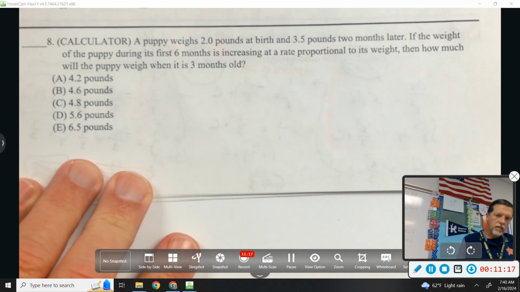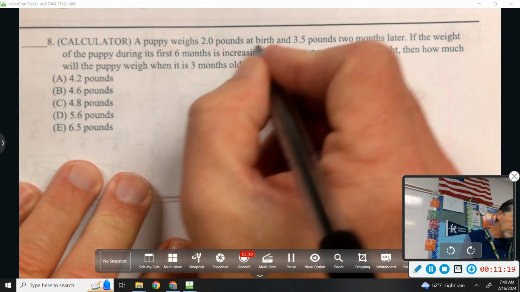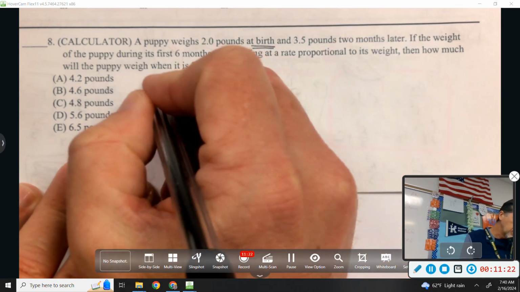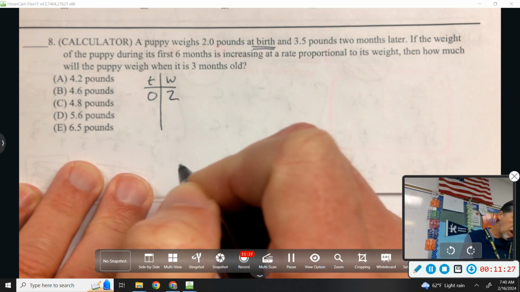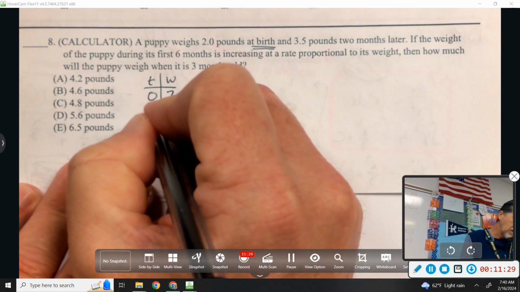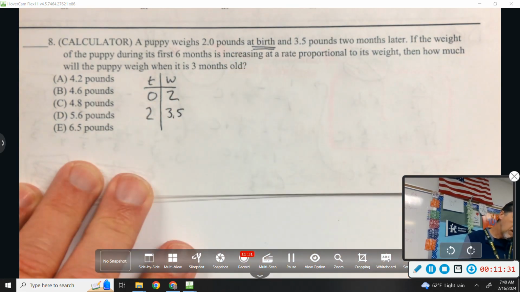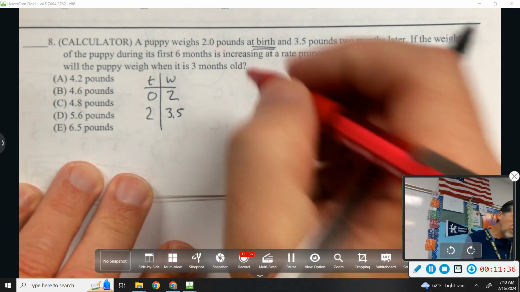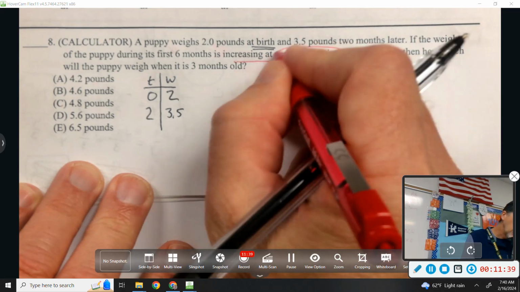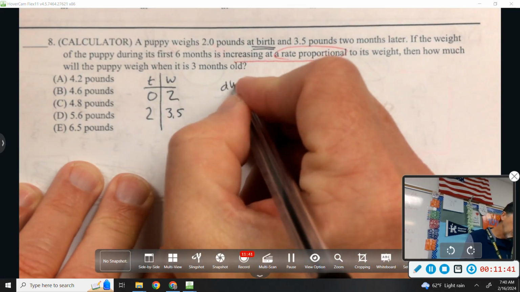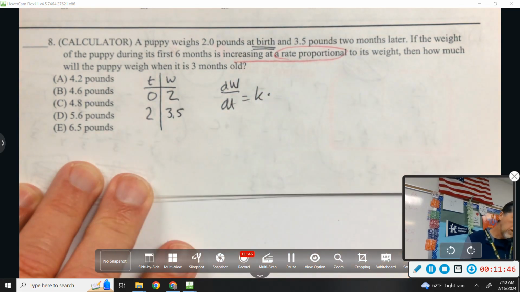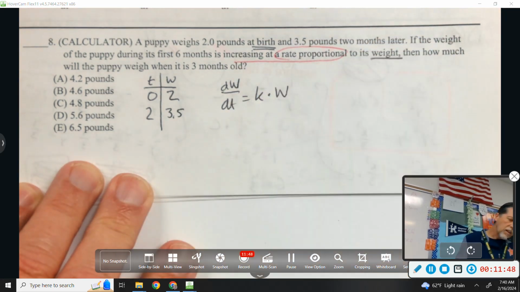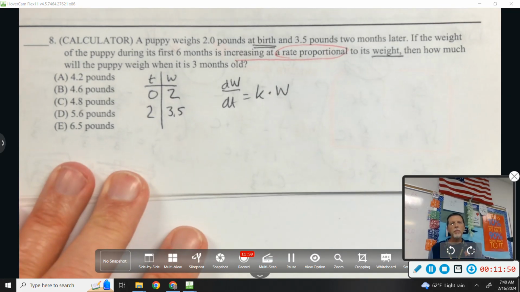Number 8. Puppy weighs 2 pounds at birth. That sounds like t equals 0. And 3.5 pounds 2 months later. If the weight of the puppy during its first 6 months is increasing at a rate proportional to its weight, so dW/dt equals k times weight, then how much will the puppy weigh when it is 3 months old?